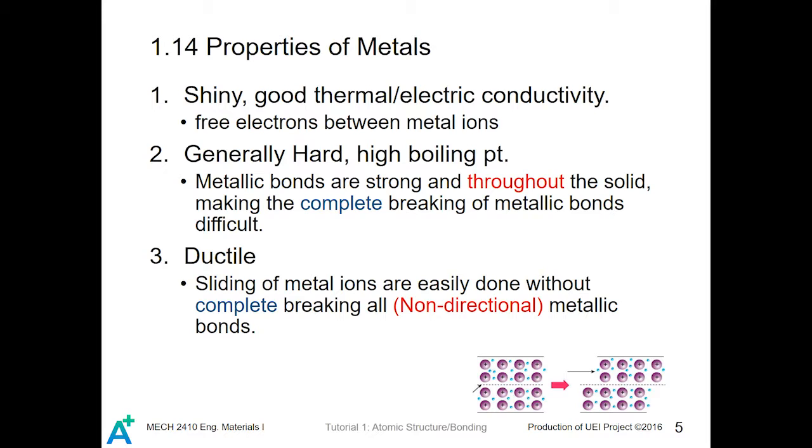They are also very ductile, because sliding of metal ions is easily done without complete breaking of the non-directional metallic bonds, as shown in this picture. There are still metallic bonds after the deformation, which can be formed between 2 pieces of metals.